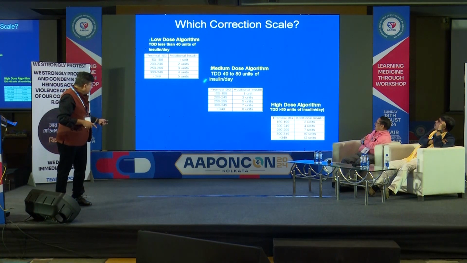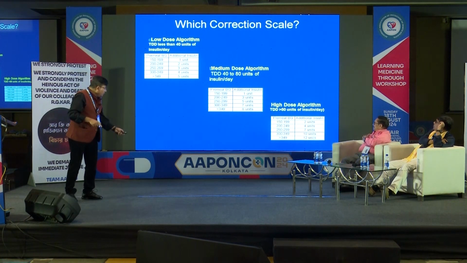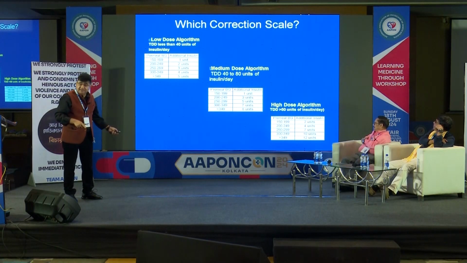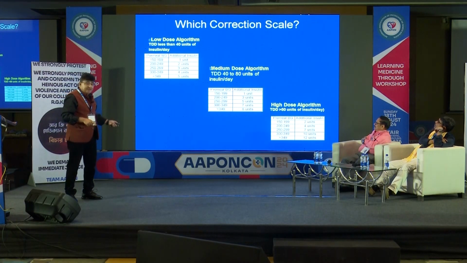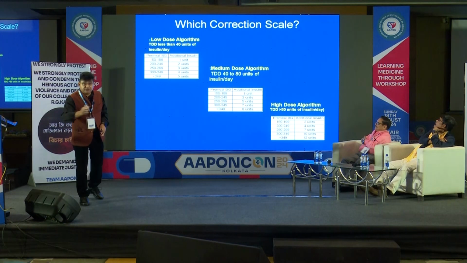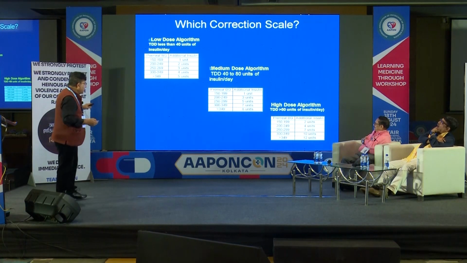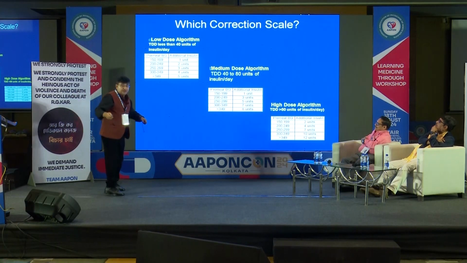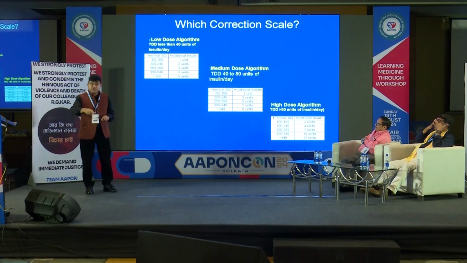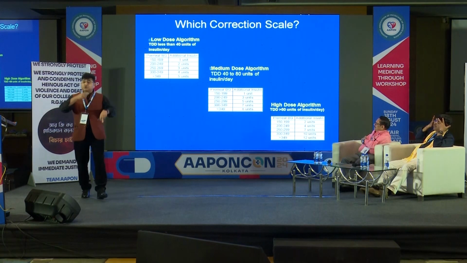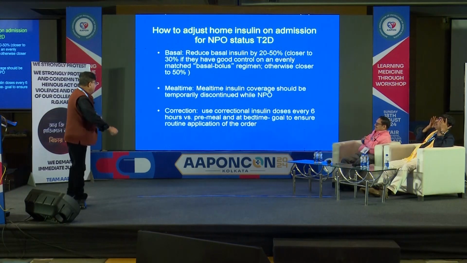And if the patient's requirements are high, you may have to go even higher, more aggressive. If the requirements are low, you may go a bit slow. These charts are also available quite widely on the internet and also in the JAPI article, so you can follow that. These are useful pointers as to how you correct the pre-meal dose based on the pre-meal blood sugar on the subsequent days once you switch over to basal bolus regimen.